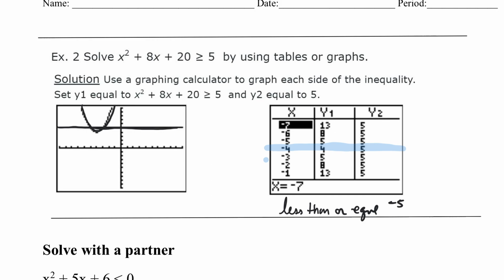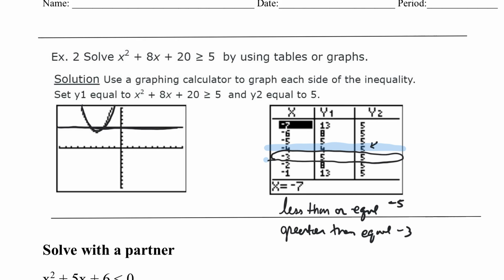Now, if we get numbers that are greater than, let's say greater than or equal to -3, you notice when x is -3, we still get a y value of 5, which satisfies the inequality. But you notice that anything that is in between -3 and -5 doesn't give you a y value of 5.